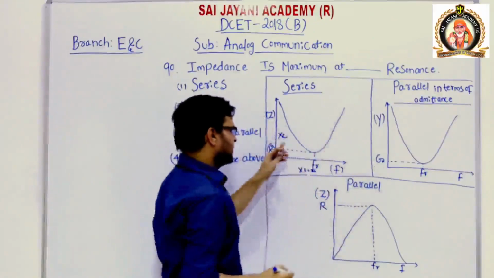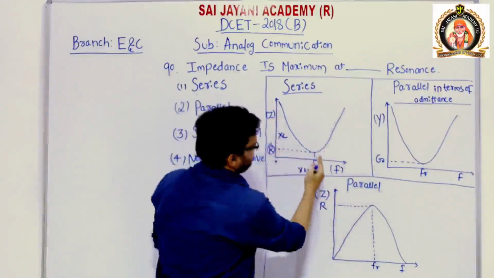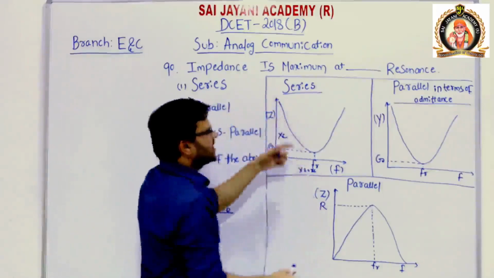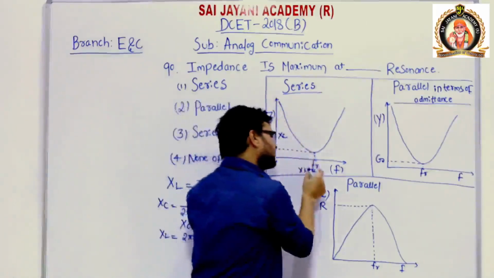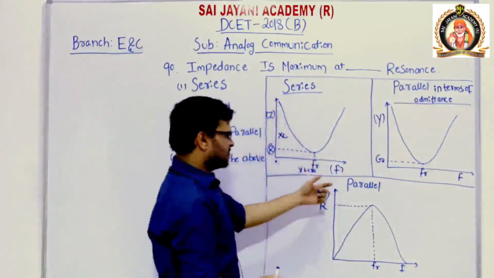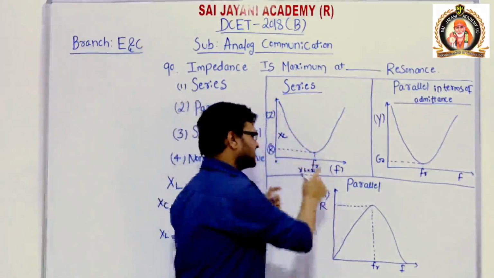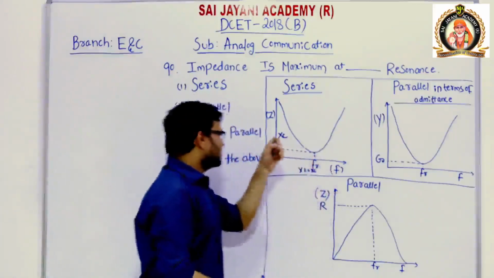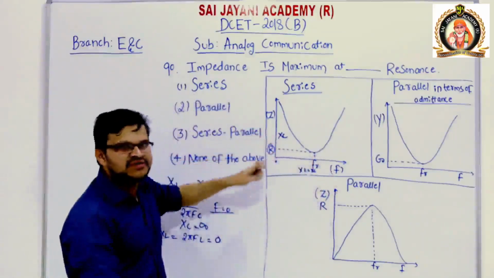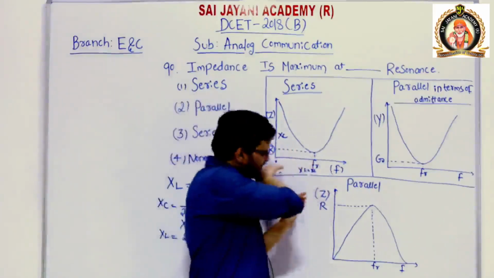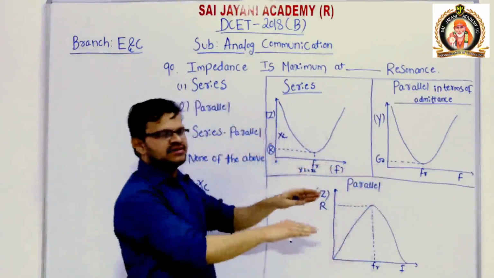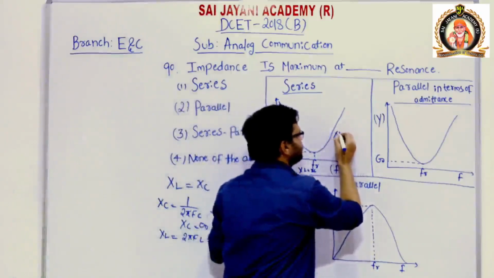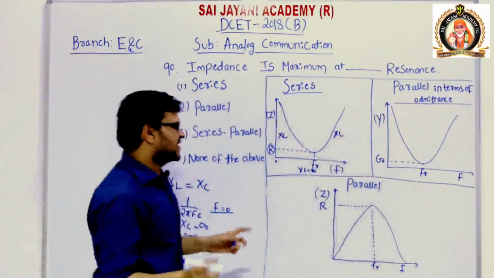This is XC. Below the resonant frequency, the circuit behaves as a capacitive circuit. At XL equal to XC, that means at the resonant frequency, the circuit behaves as a pure resistive circuit. At that point the impedance value is minimum. If it goes on increasing above the resonance frequency, the circuit behaves as an inductive circuit.